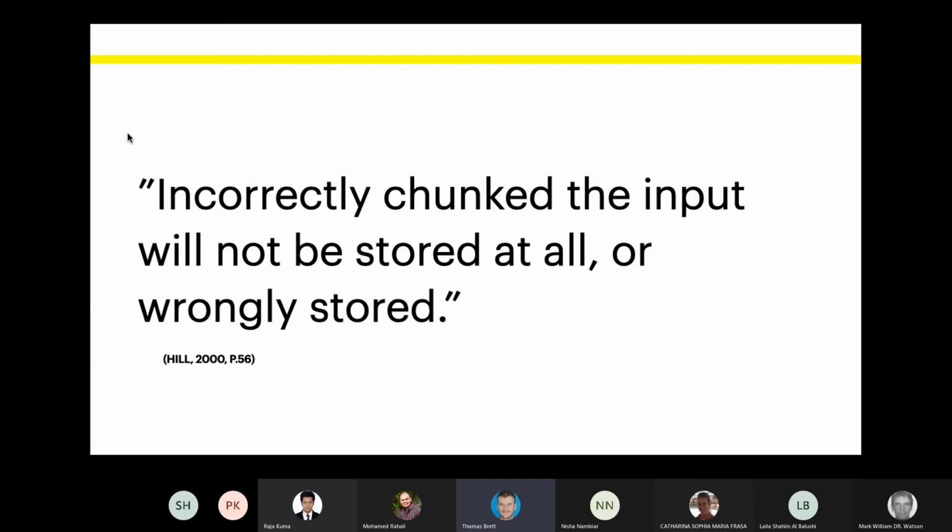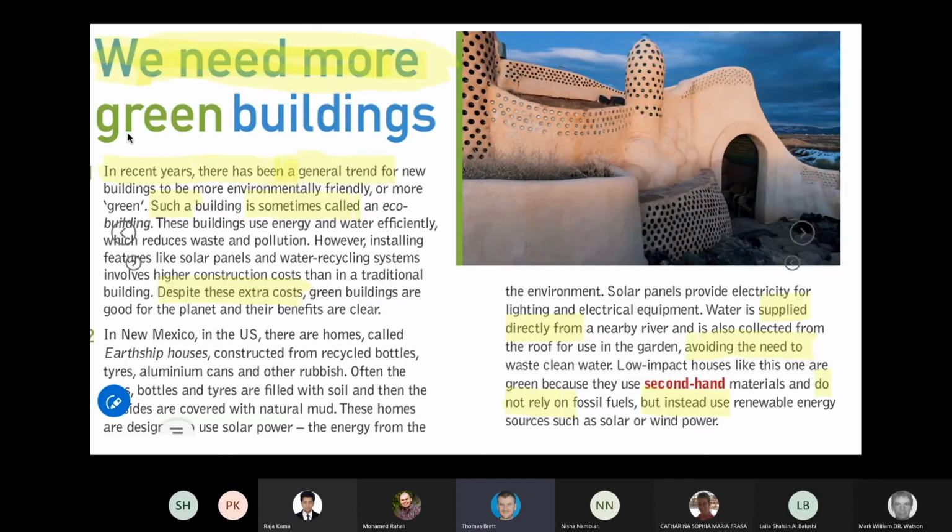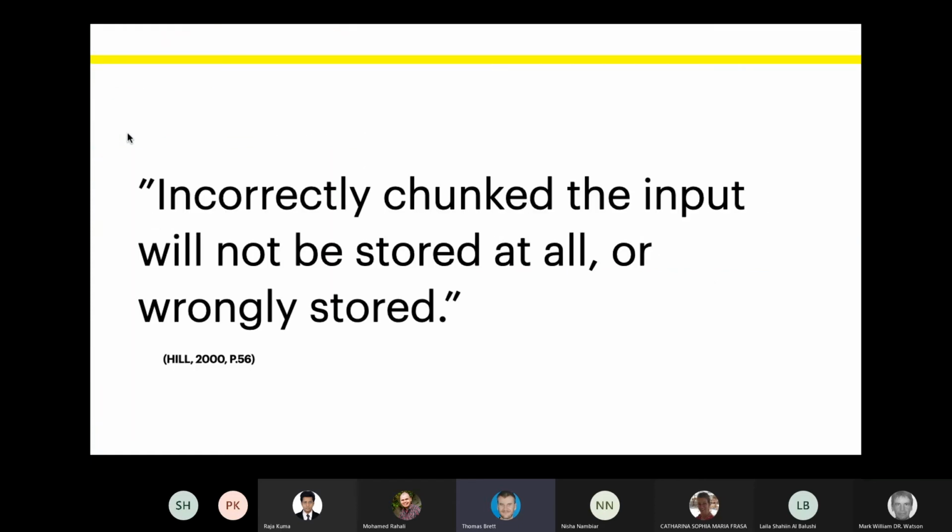Okay, so what is Hill referring to here? He's talking about the importance of pronunciation, or vocalizing chunked language. So, how it's really important for students to nail pronunciation of some of these expressions so that they can store it correctly.